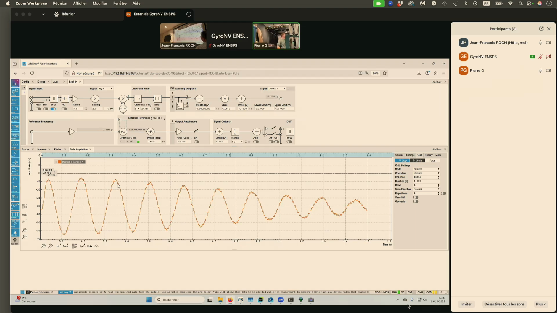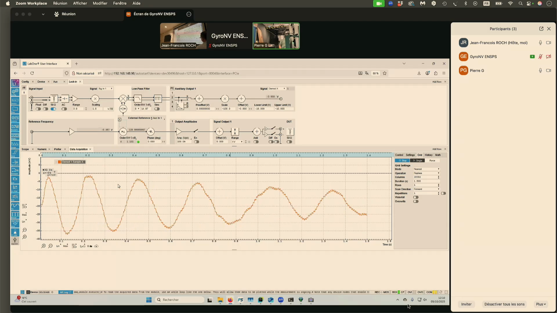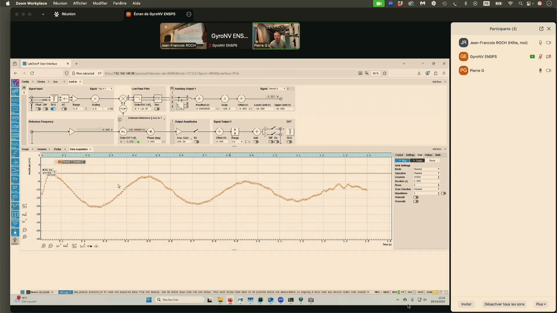And if I go to lower powers, we'll have a lower Rabi frequency.